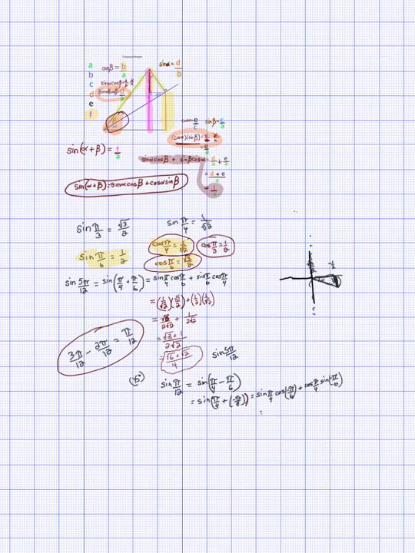All right, well, sine of pi by 4 is 1 over root 2. The cos of negative pi by 6 is root 3 over 2, plus the cos of pi by 4, 1 over root 2, times the sine of negative pi by 6, negative 1/2.